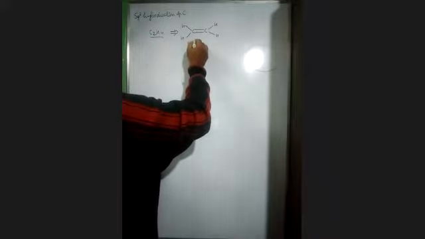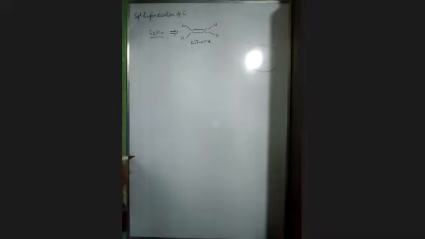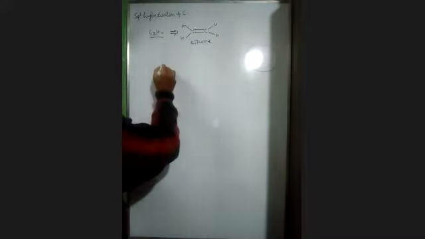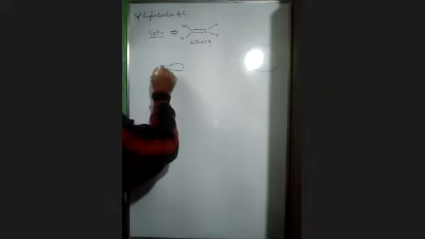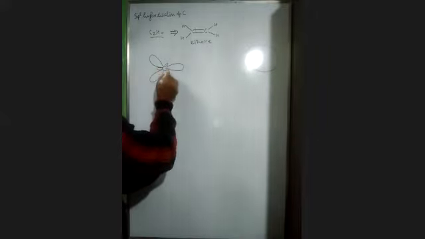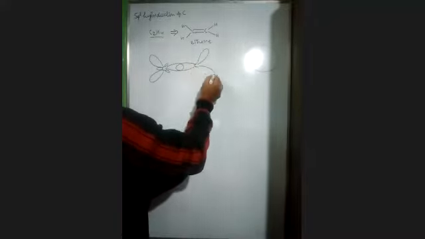This is ethene. So here both the carbon are sp2 hybridized. So you know hybridization of sp2 carbon. I told you the hybridized orbital for sigma bond.